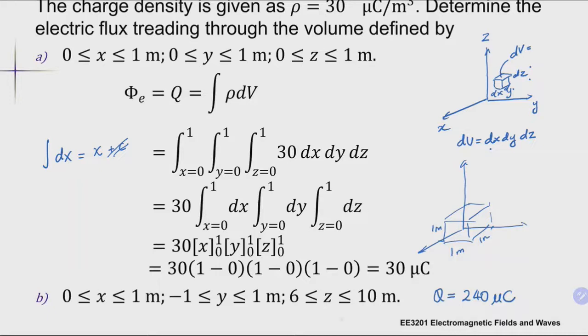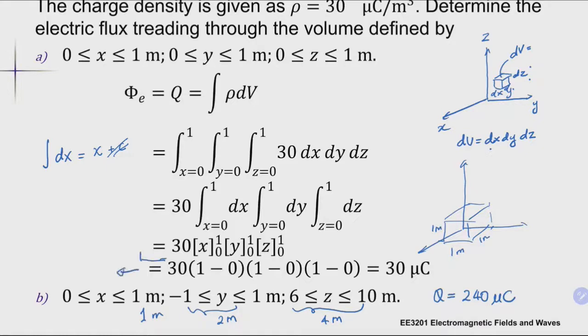So from these limits, we know that one side is 1 meter. From this is 2 meter. And from here is 4 meter. So basically, all the top up to here is the same.